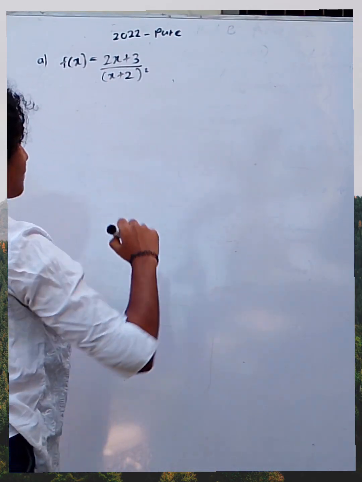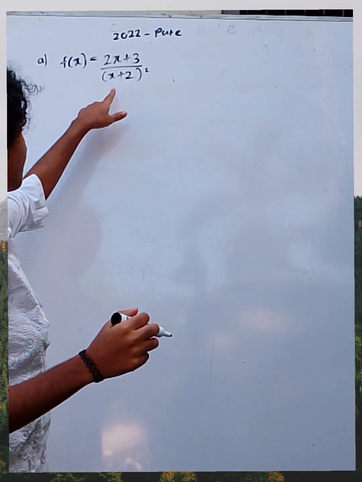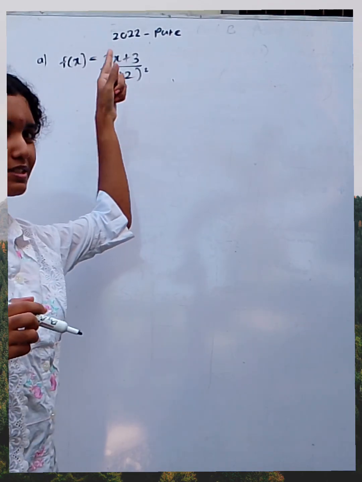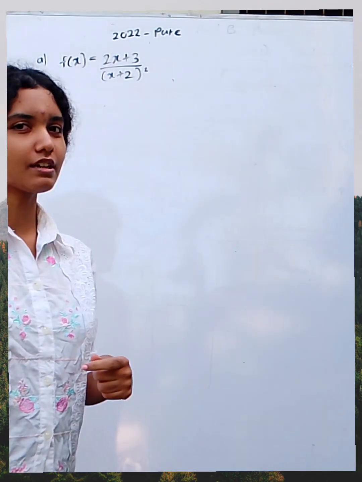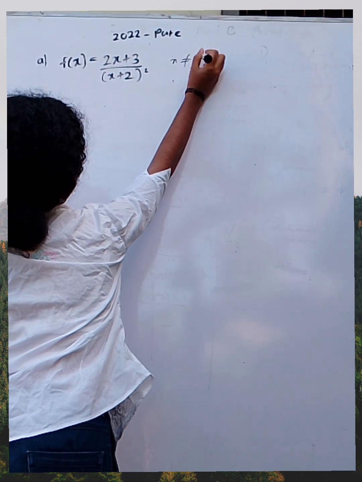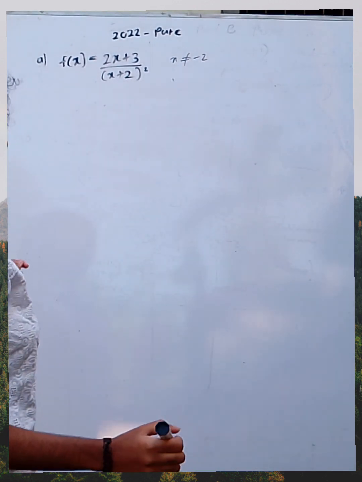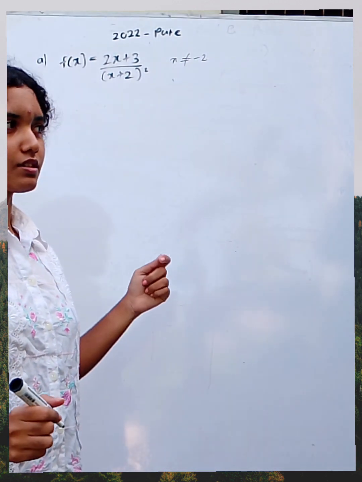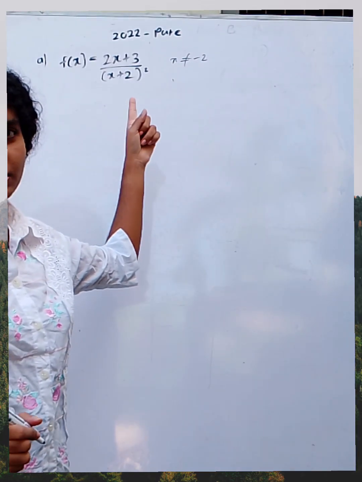Then the condition that we have to know here is that the denominator is x plus 2, which means that x can never be equal to minus 2. Afterwards, the first step that we should follow is to differentiate this function f of x.